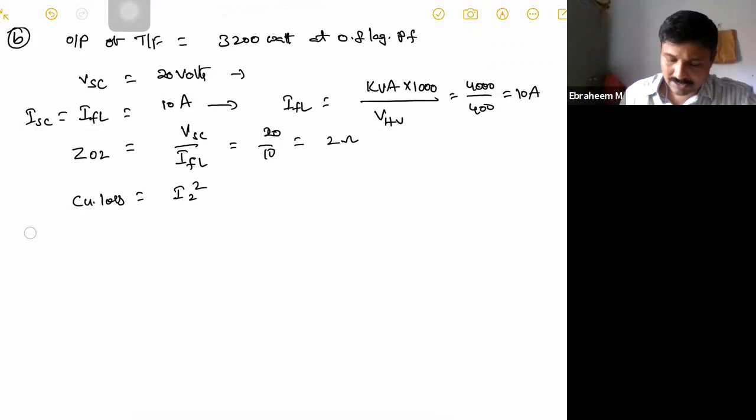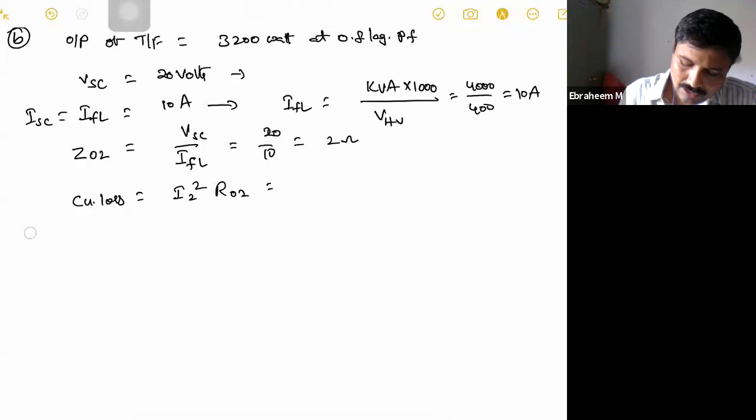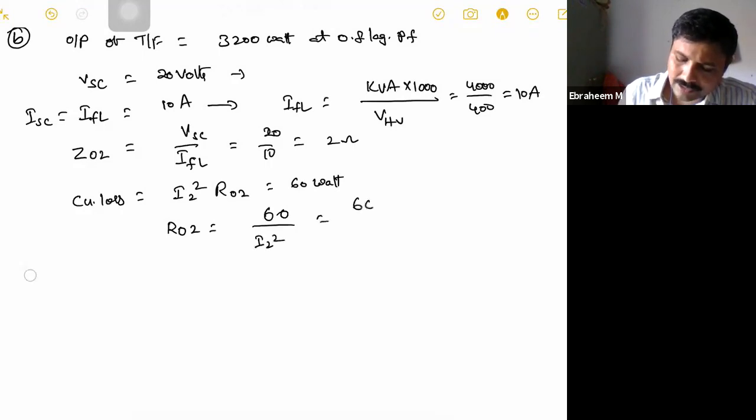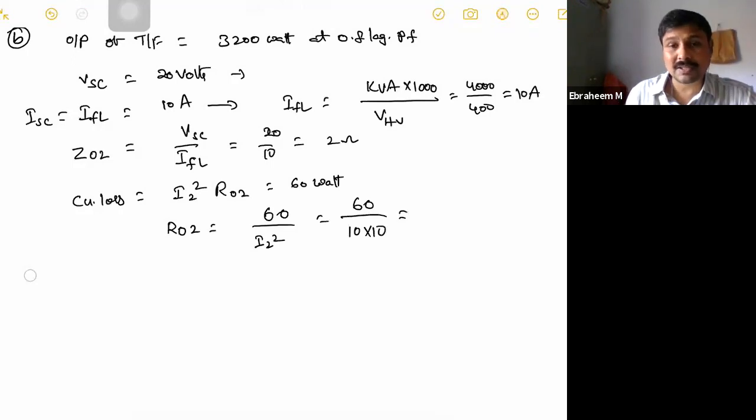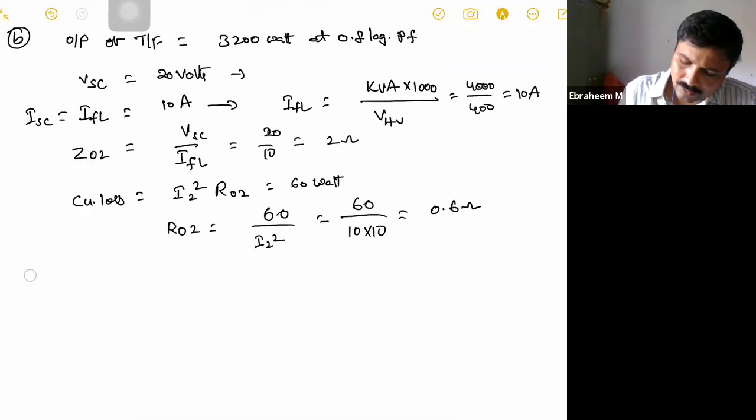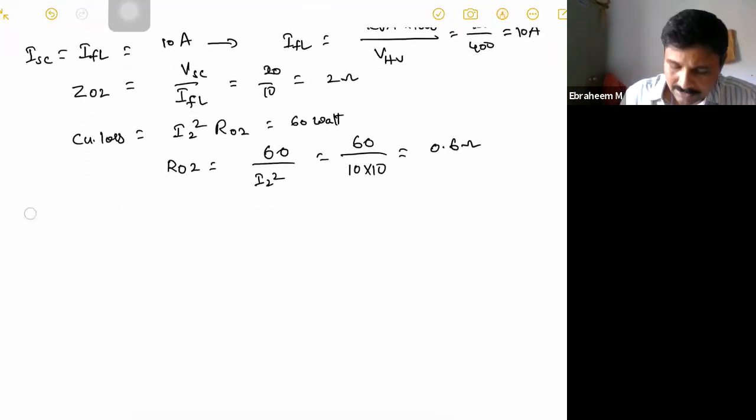So R02 is equal to 60 watts, which we have calculated already, divided by I2 square. This is 60 by 10 into 10. How much is this? 0.6 ohms.